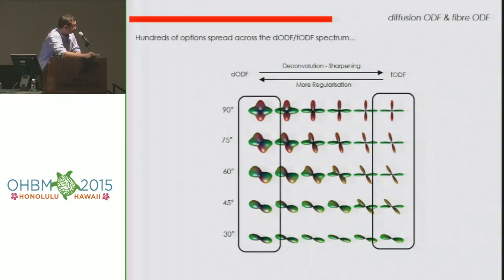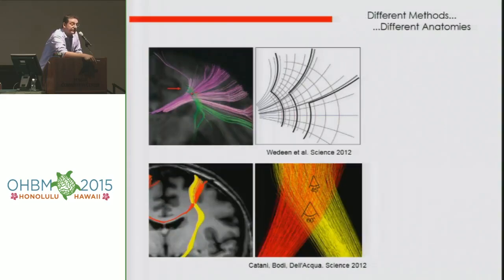So, just to keep the extremes, on one side we have, for example, a completely unprocessed, unsharpened DSI. On the other side, this is what we can get today with standard spherical deconvolution. And just to give you an example of how a different method can give you a different result, I want to mention a recent debate from a couple of years ago about the Van Wedeen theory of the grid.